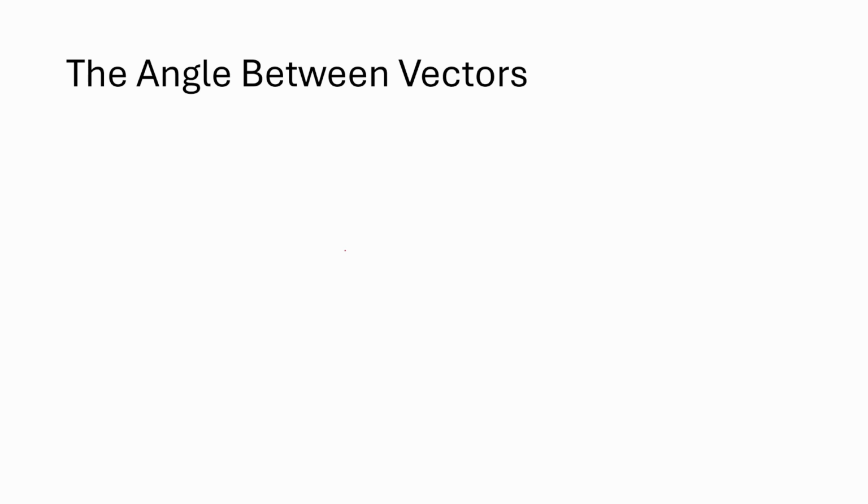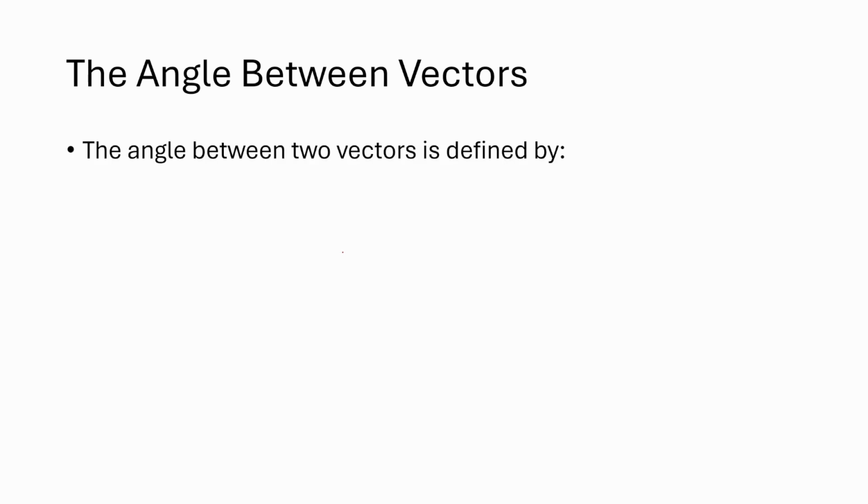Now, another property of the dot product that you hopefully have seen before is that it is related to the angle between two vectors. And in 2 dimensions and in 3 dimensions, this angle is exactly what you think it is. You have your 2 arrows, and there's some angle between those 2 arrows.